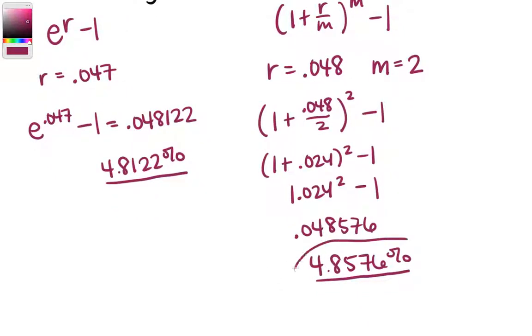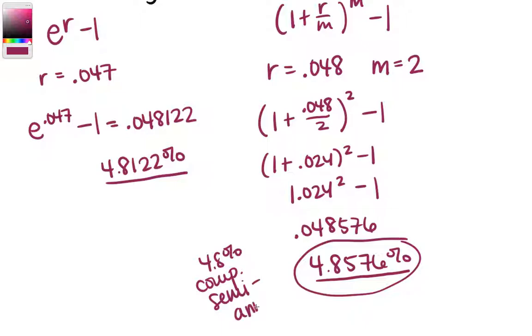Well, this one's higher here. So the 4.8% compounded semi-annually wins the day. It has a higher annual percentage yield, but not by very much, only by 0.04%. There's the answer to that example.